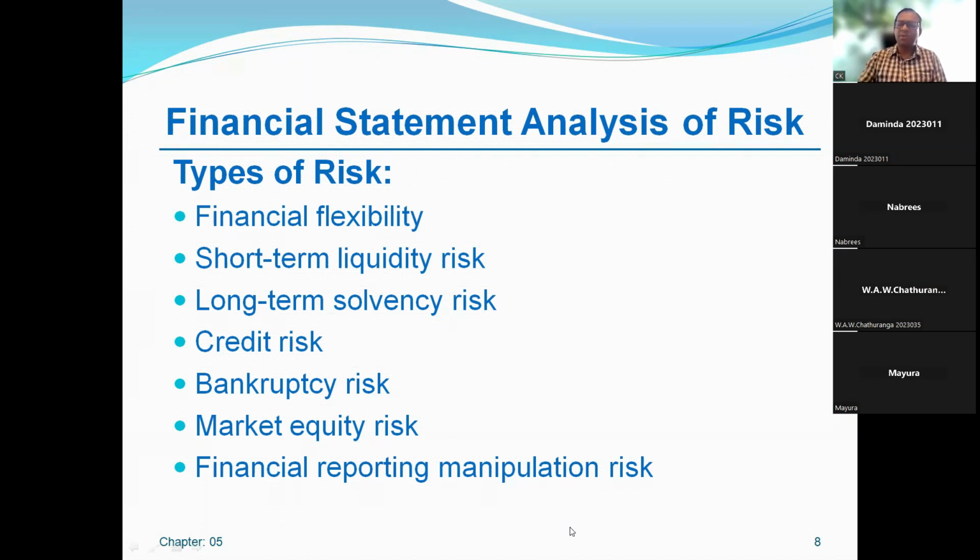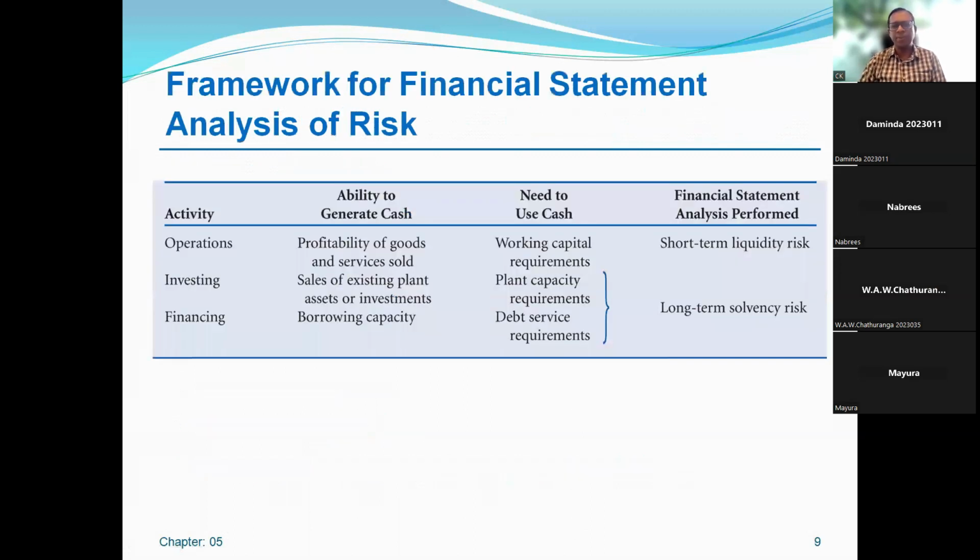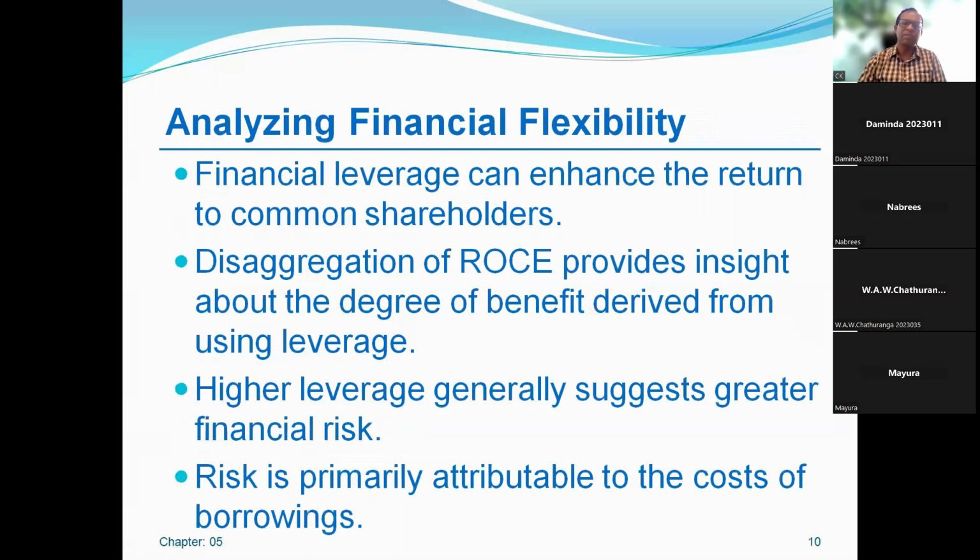I've discussed financial flexibility, and we paid attention to the cash flow aspects earlier, before we started talking about it. In the financial flexibility part, we discussed how financial leverage can impact the shareholders.